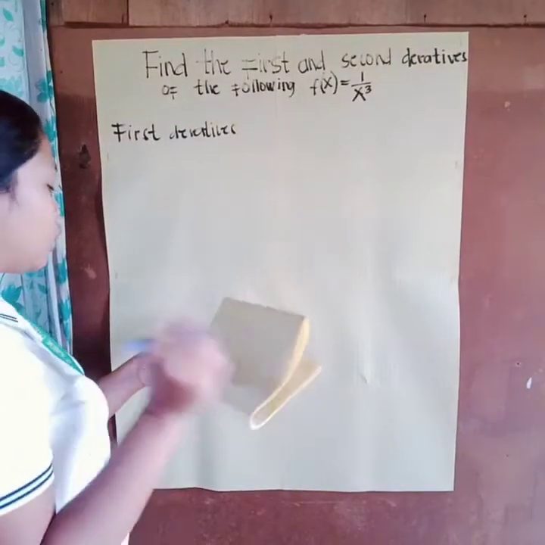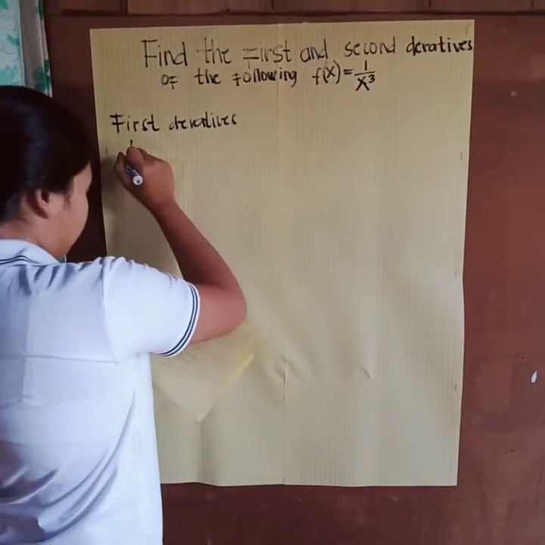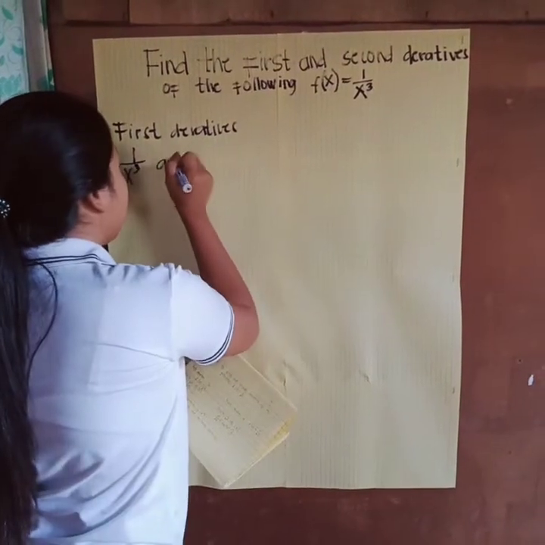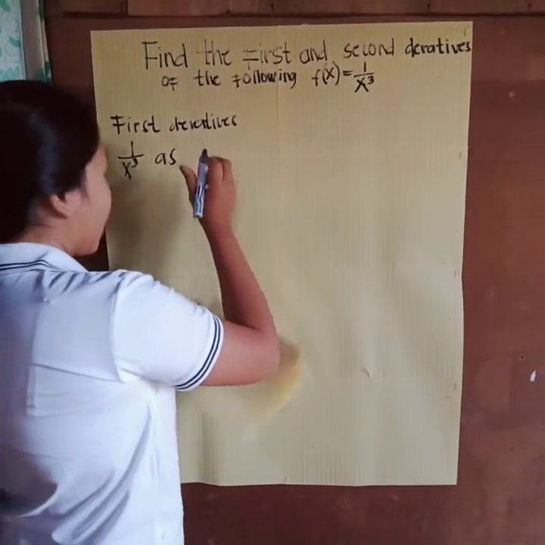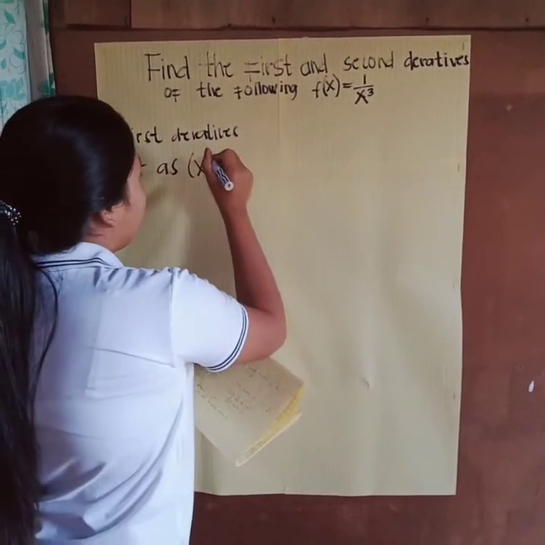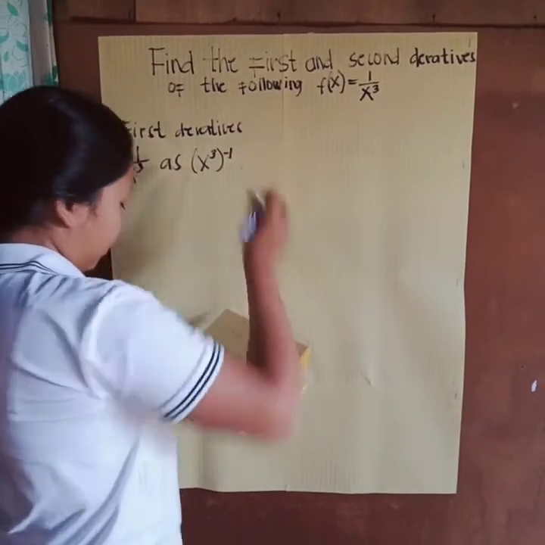First, we need to rewrite 1 over x cubed as x cubed to the negative 1.